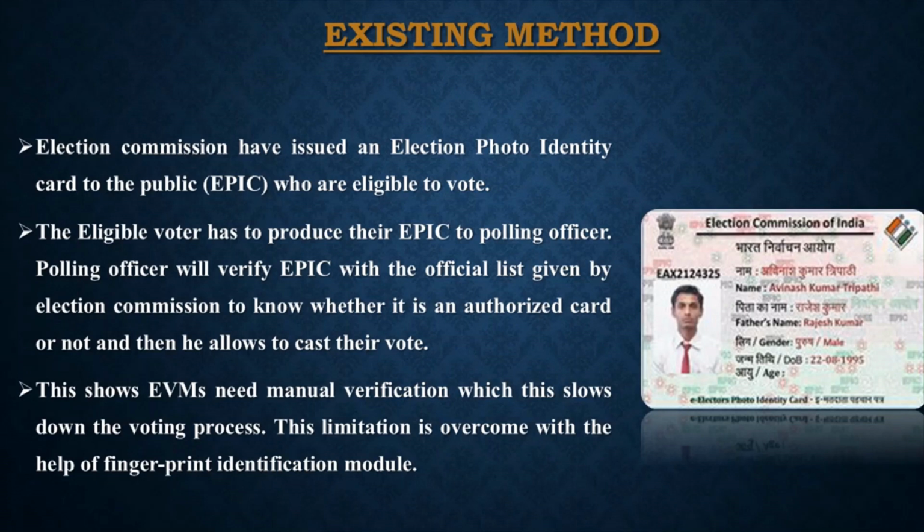Then the polling officer shall verify the EPIC card with the official list given by Election Commission to know whether it is an authorized card or not, to allow them to cast their vote. By this, EVM needs a manual verification, which slows down the verification and voting process. So considering all these issues, the limitations can be overcome with the help of fingerprint identification module.